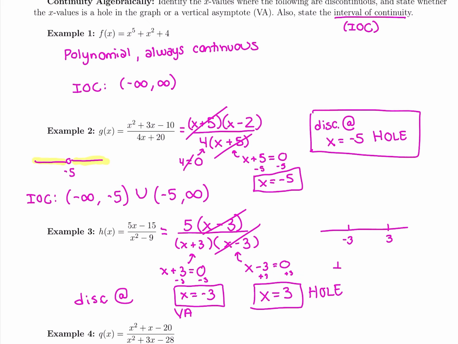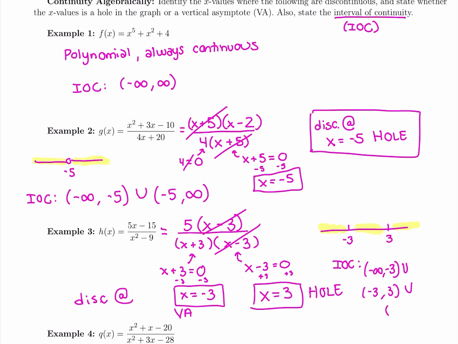I like to write a number line because it helps me make this interval of continuity. Where is it continuous? Well, it's continuous before -3. So we would say -infinity to -3, union, it is continuous between -3 and 3, union, it is also continuous after 3.